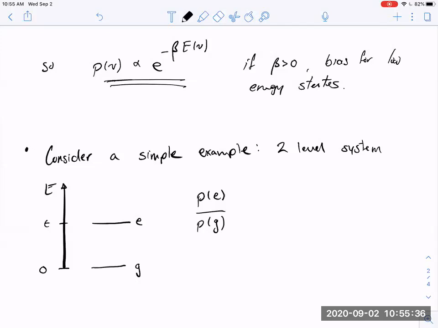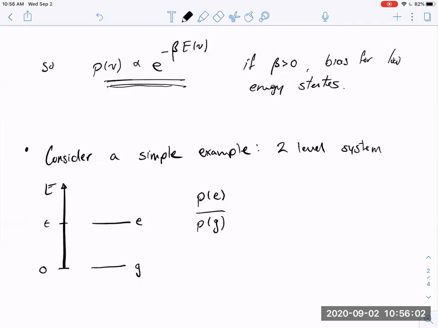Now, we have only worked out a proportionality for the Boltzmann distribution, how the state of the system depends exponentially on its energy with some constant of proportionality, but that constant is just that. It's just a constant. It is independent of the state. So if I take a ratio, P of E over P of G, that constant will drop out.